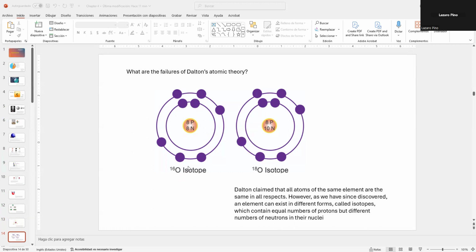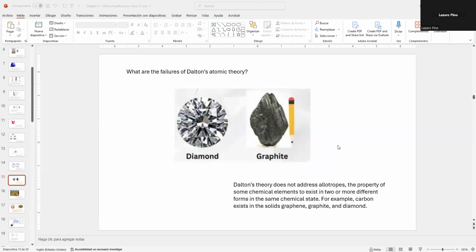The difference between two isotopes of oxygen is in the number of neutrons. For example, this isotope of oxygen has 8 neutrons, while this one has 10 neutrons. But as you can see, the number of protons and electrons are the same. The difference between two isotopes of the same element is in the number of neutrons.